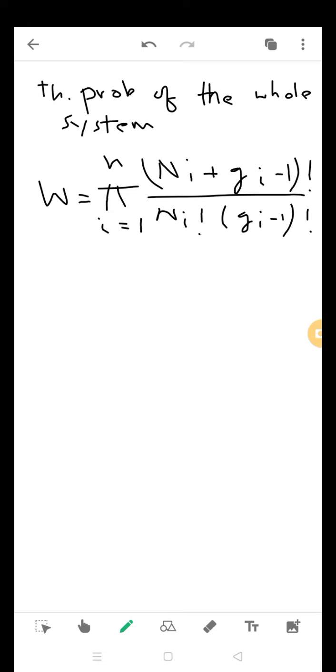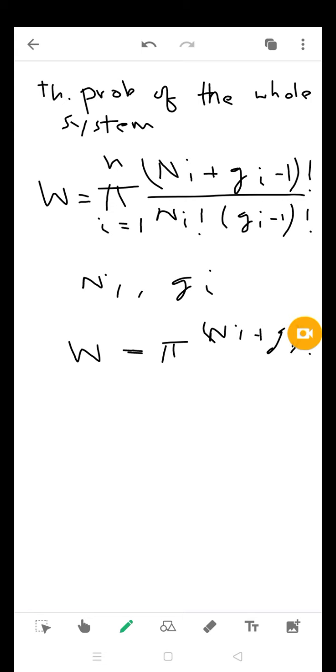Now since Ni and Gi are very large quantities, this can be simplified into simply (Ni plus Gi) factorial divided by Ni factorial and Gi factorial.